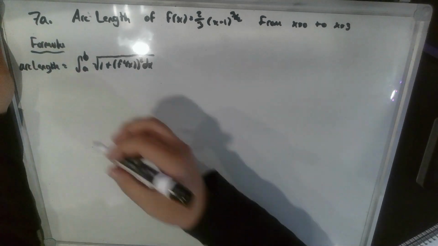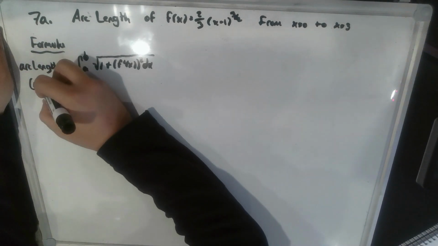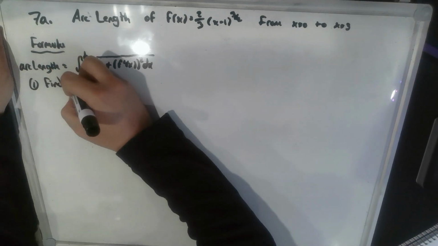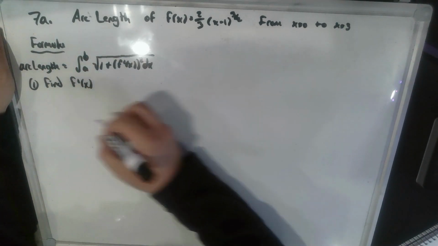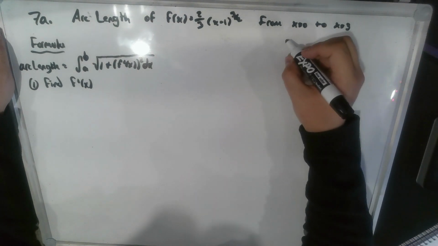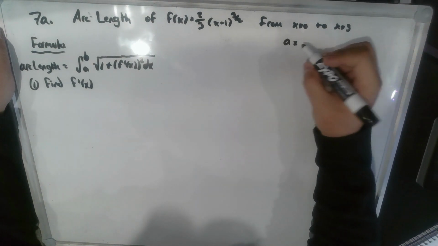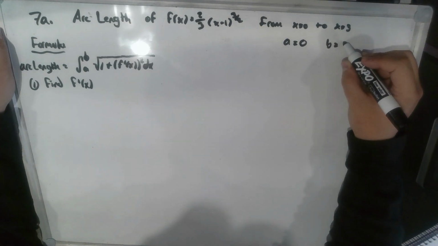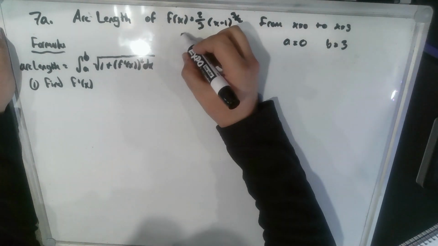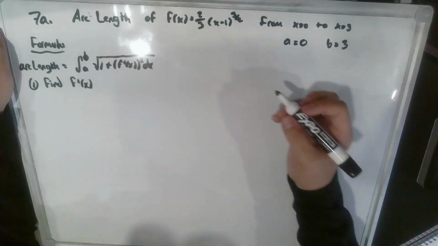So first we need to find f prime of x. The lower limit a is equal to 0, the upper limit b is equal to 3. And then this is our f of x.